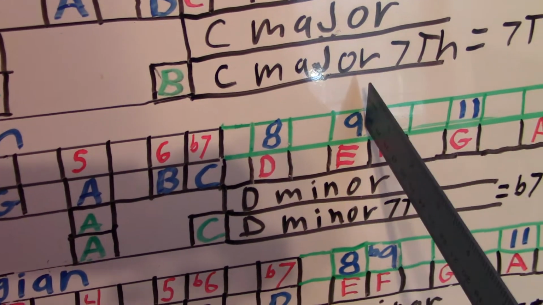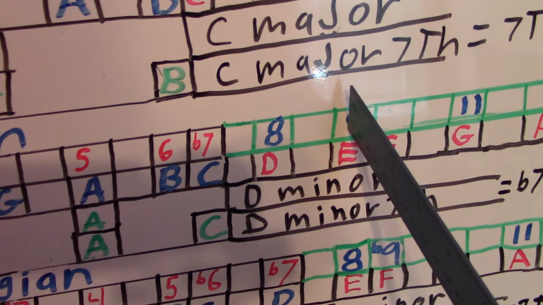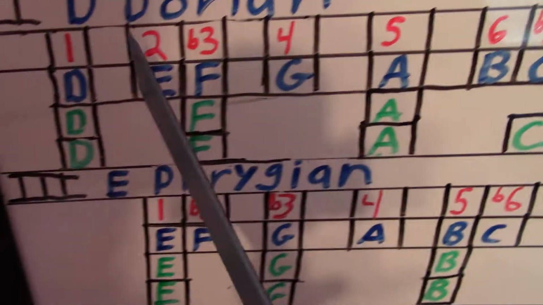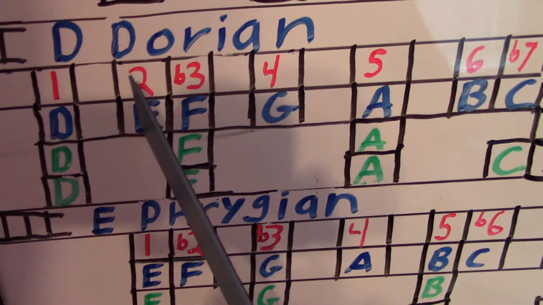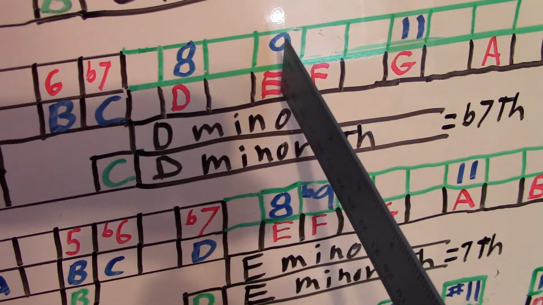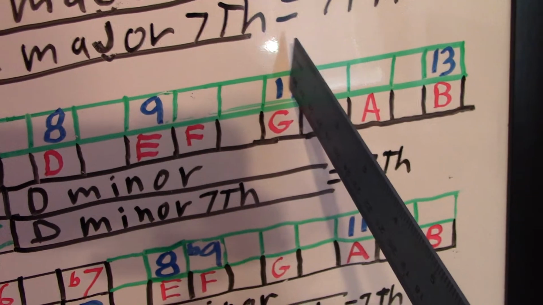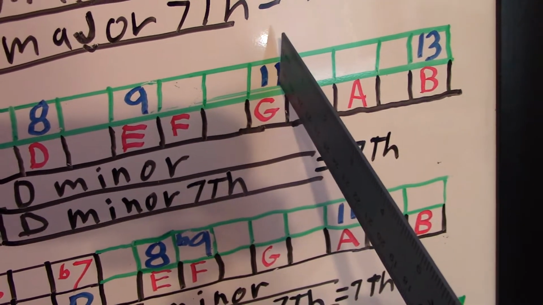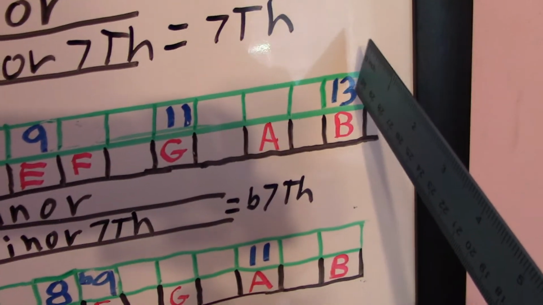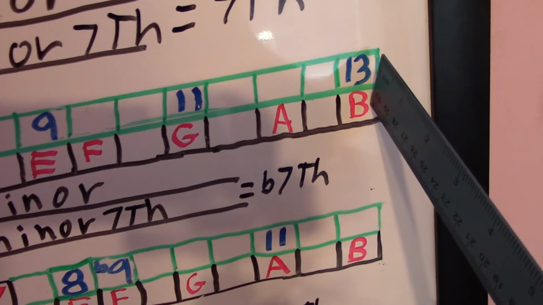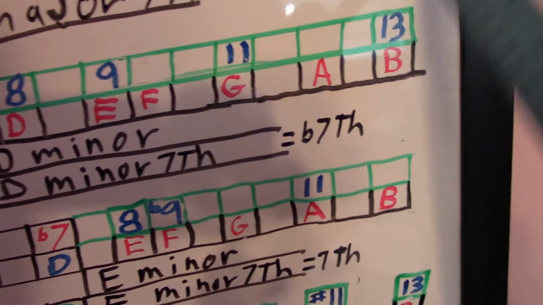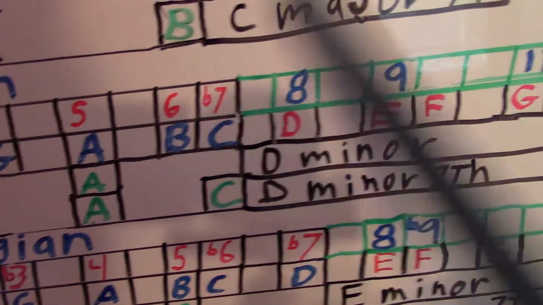Ninth is really a second, one octave higher. See how that works? Second is E, go here. And you have the 11th, which is your G. It's your fourth, one octave higher right here. And 13, B. It's the sixth, one octave higher.